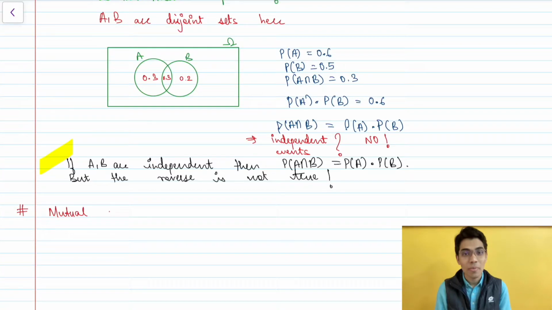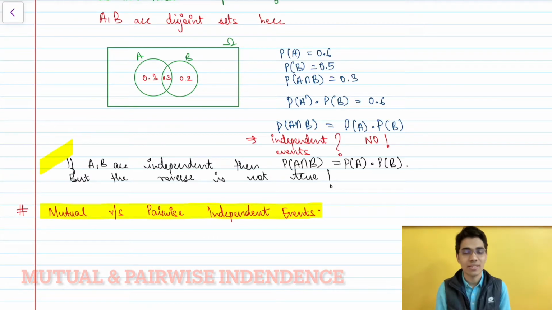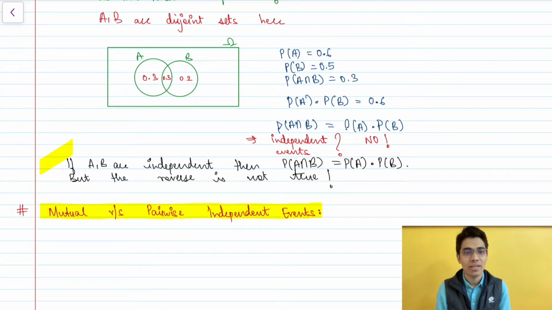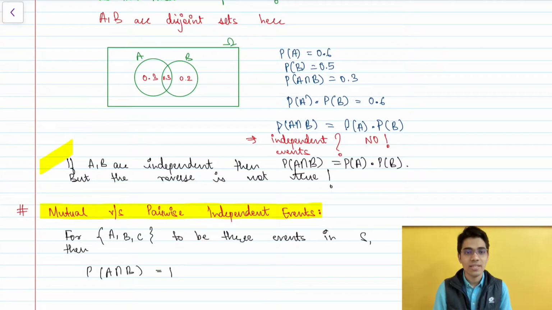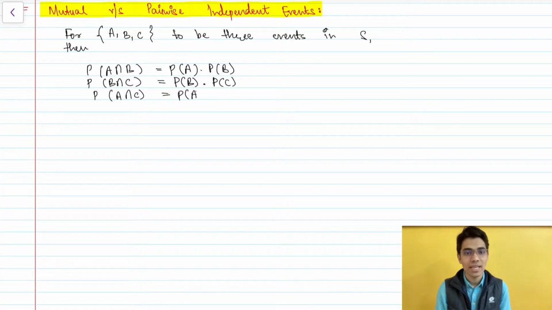Having understood what independence is, I am sure you must have heard the terms mutual independence and pairwise independence. So what do we actually mean by that? Suppose A, B, C are three events in the sample space, then probability of A intersection B is equal to P of A into P of B. And suppose we do that for all the three events pairwise, then that is called pairwise independence.